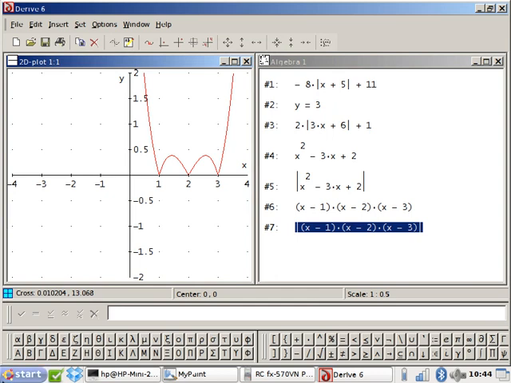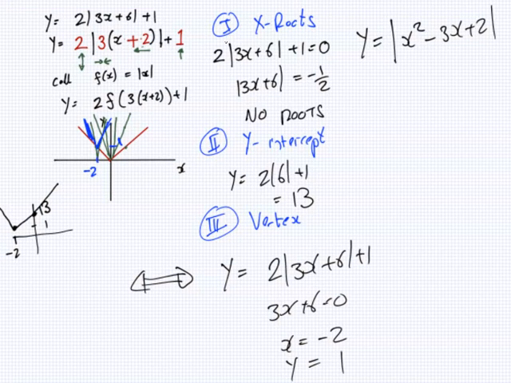Okay, got that? So what do they like to do in the exam for the modulus? The most common question they like students to do is to make the graph. How do you know which method to use? It depends on what they ask for.